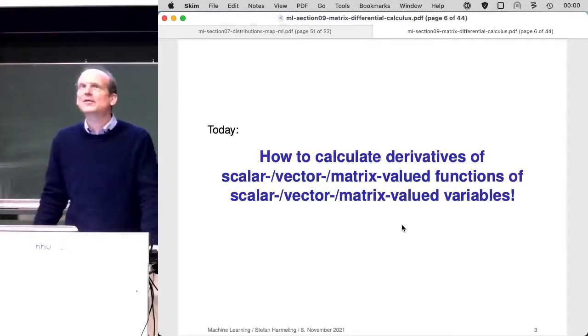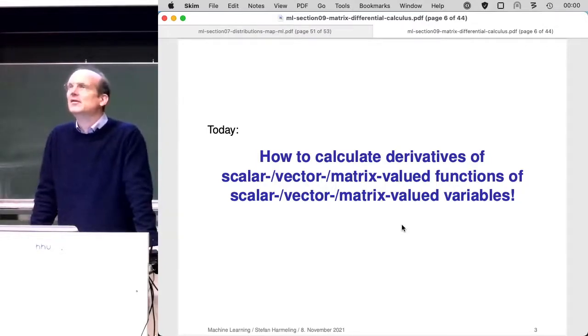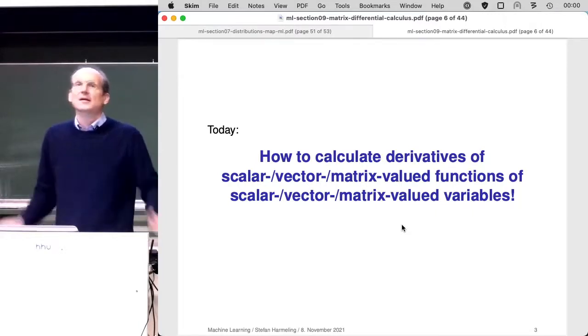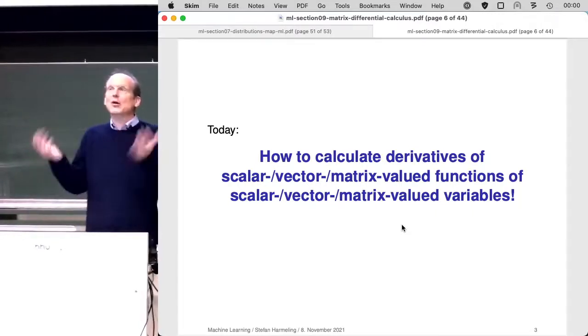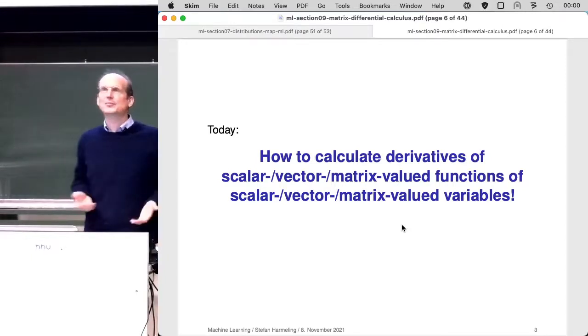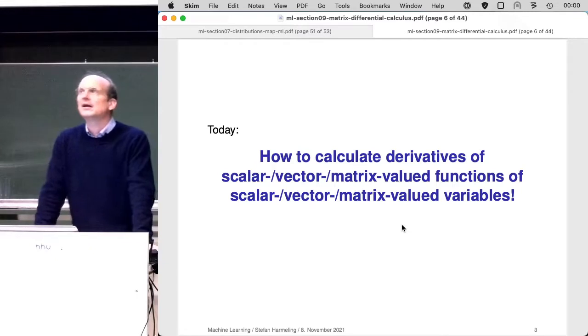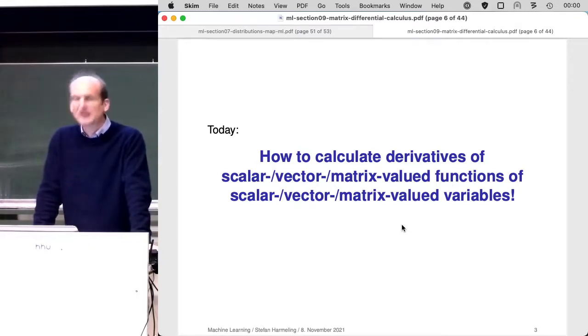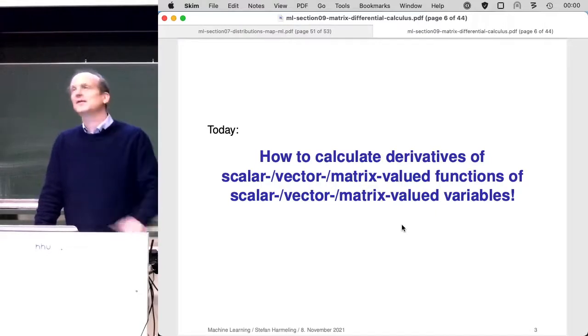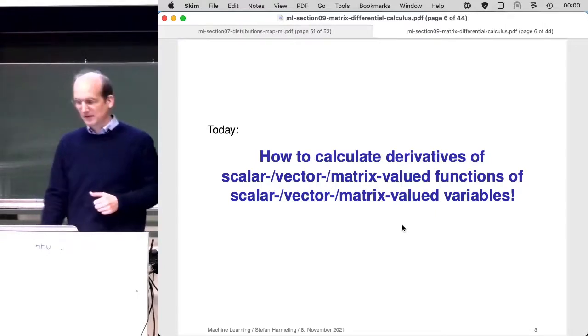Because we are interested in loss functions. You want to minimize a single number, which is the loss of a mismatch in a classification problem or in a regression problem. However, your inputs, your parameters, can be high dimensional. So they could be vectors or matrices or more complicated things. And it turns out that for this case, it's often particularly easy.